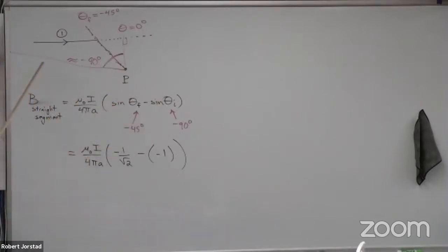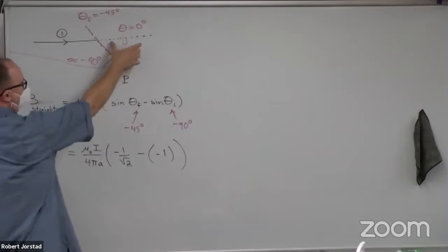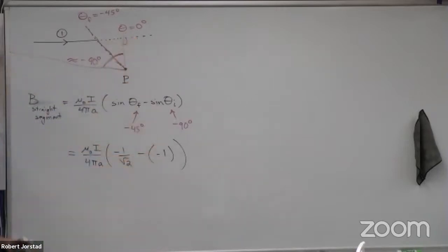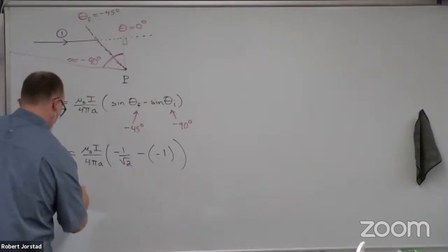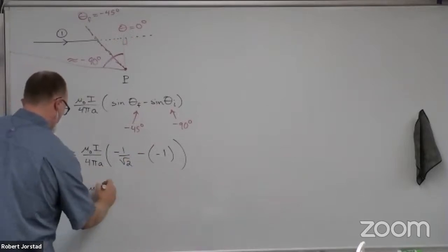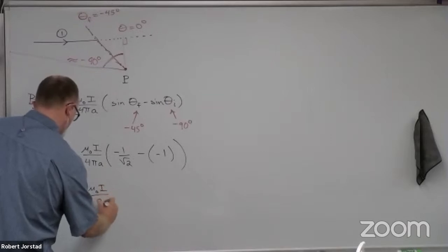Right? In this case, we're not getting the whole infinite wire. We're not even getting half an infinite wire. So our field should be less than a half infinite wire. Do you agree? We aren't making it all the way to here. We're missing out on the biggest part of the wire. So this should almost cancel out, and it does. Now, in this case, can somebody give me a decimal for all that junk?